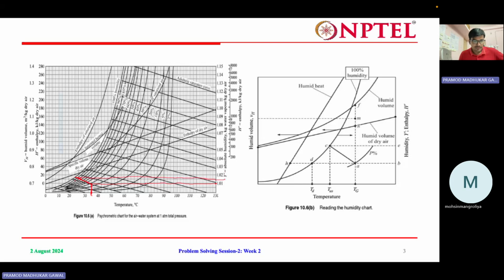Outlet temperature 35 degrees Celsius, 32.5, 35.